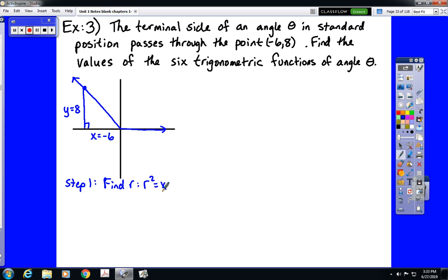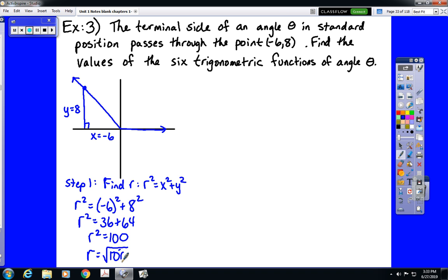R squared is x squared plus y squared. So we have negative 6 squared plus 8 squared, which is 36 plus 64. So r squared is 100, which means r is the square root of 100, which is 10. So r equals 10. Step 2, we're going to write out those 6 trig functions.